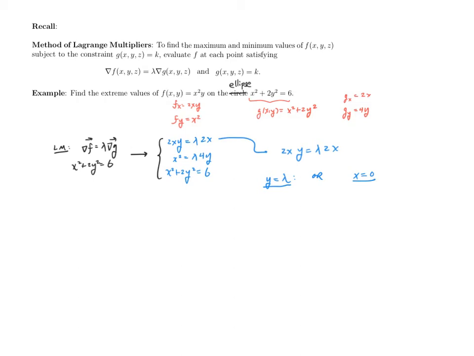So if we bring that information down, y equals lambda into the second equation, x squared is equal to y times 4y, so 4y squared. And note, that's actually ideal. We can replace this x squared in the constraint equation with 4y squared. And that gives us something that we can work with.